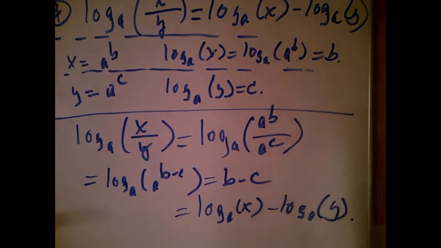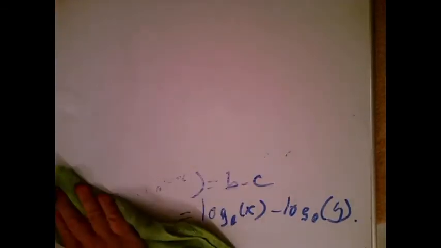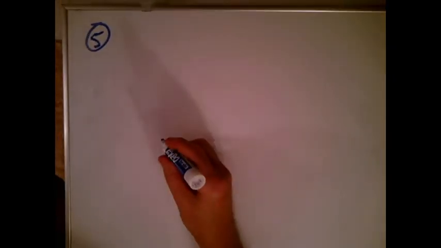The last magic rule is the one that we use more often than any other when we're solving exponential equations, because it's the one that we're going to use when we try to get the x out of the exponent. This is the last property we have. It is the third magical property because it gets just used like crazy.